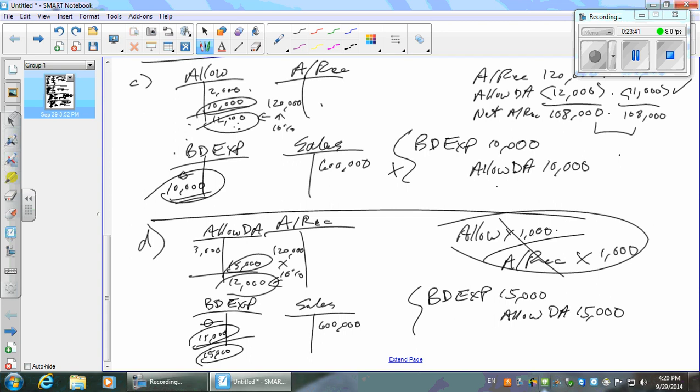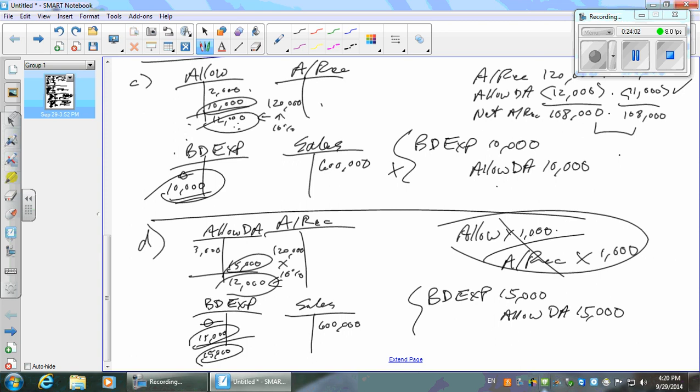Since you get the expense from the sales and the bad debt allowance from the receivables, how can you get the expense from the 10%? You can't get both of them. You only get to have one estimate where you want it to be.